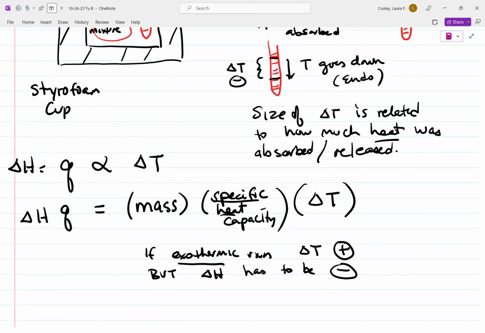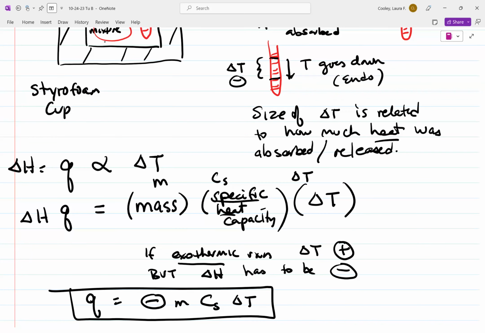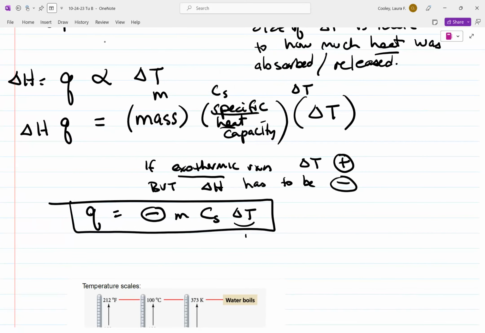So whatever heat left the system goes into the surroundings. And that's why we have to use, instead of MCS delta T, negative MCS delta T. And to make it be true that for an exothermic reaction, you use a positive delta T, but you end up with a negative delta H.